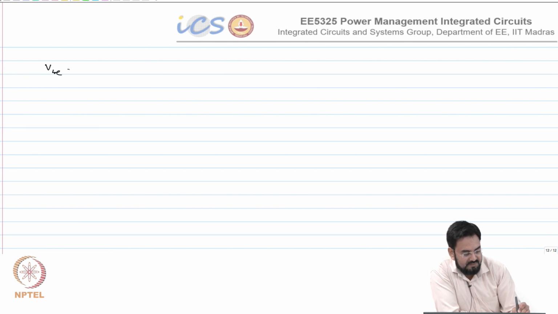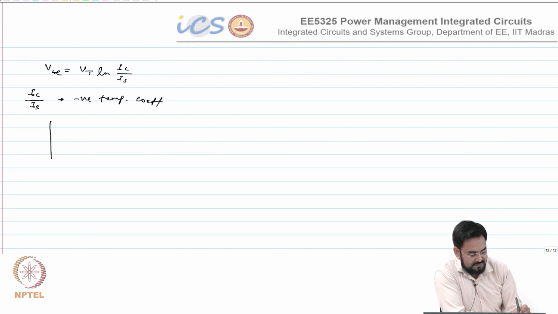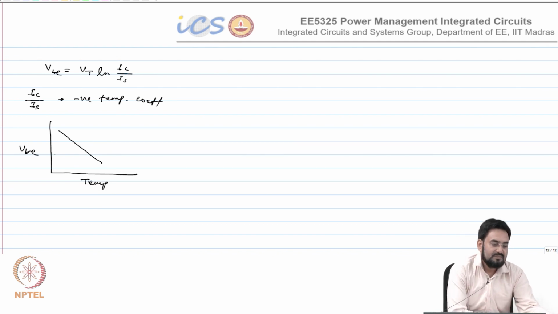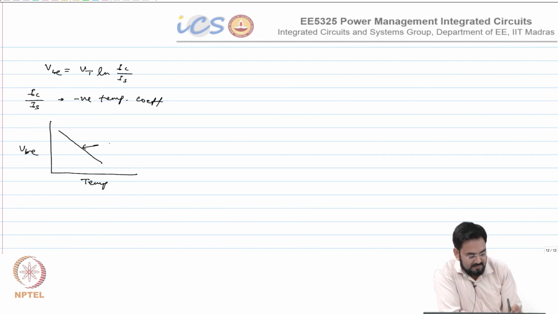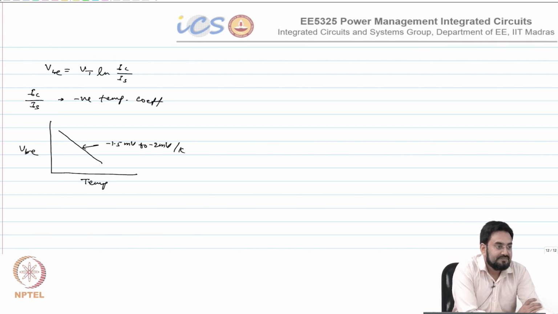Your VB was VT ln IC over IS, and this is usually minus 1.5 millivolt to minus 2 millivolt per kelvin.